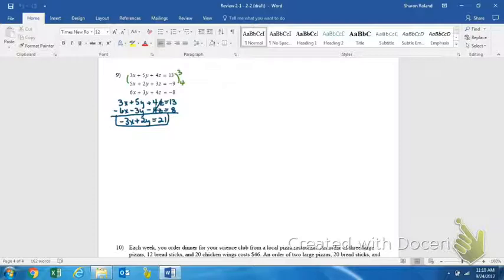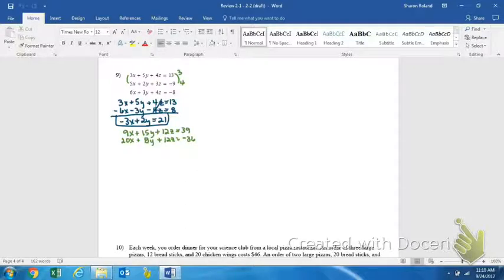And so that's 9x plus 15y plus 12z equals 39. And the last one will be 20x plus 8y plus 12z equals negative 36.